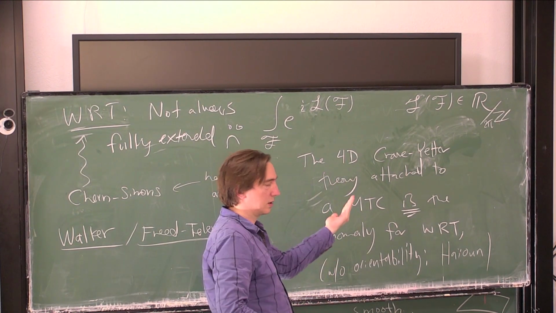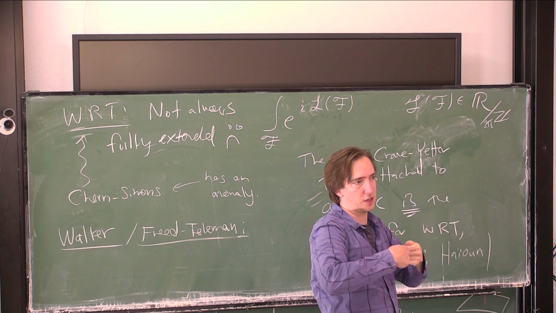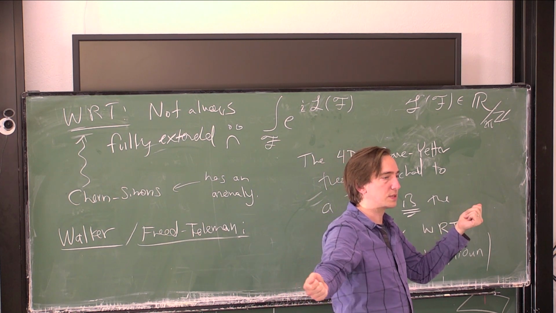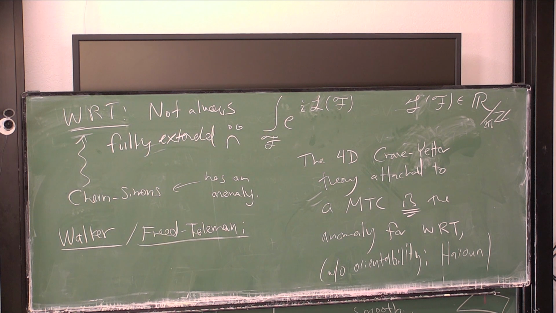Like you take your CP rigid thing and you add it to itself. You make it too big to still be CP rigid, but it's still Morita equivalent to the thing you started with.